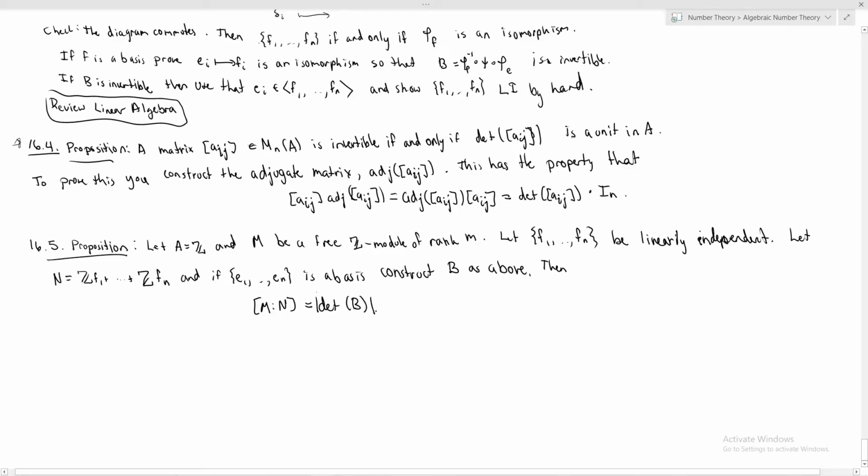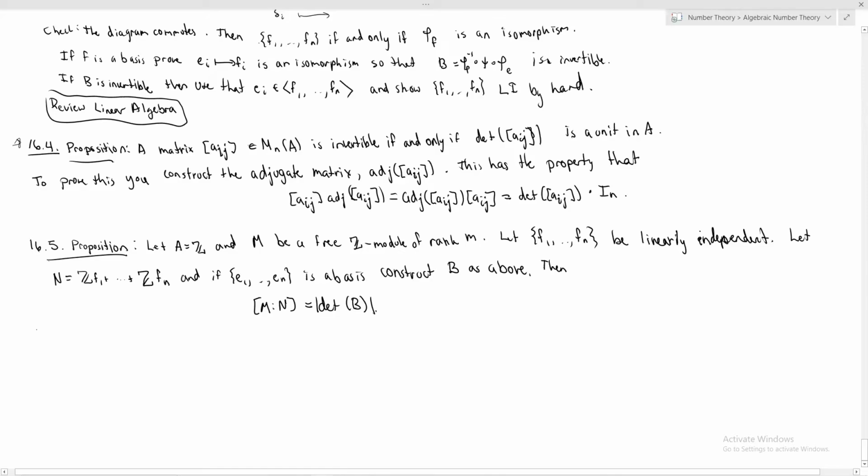So basically we already know one case of this. In the case that this determinant is plus or minus 1, then this equality says that N equals M, so this index is 1, if and only if B is invertible, which we already knew because if B is invertible, then these guys are a basis, and if these guys are a basis, then B is invertible, and so the determinant has to be plus or minus 1 and so on.